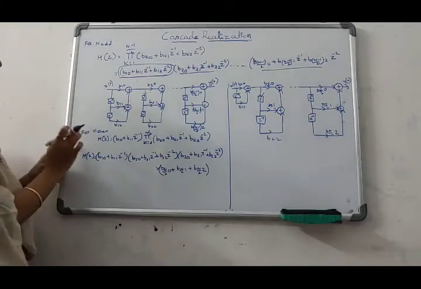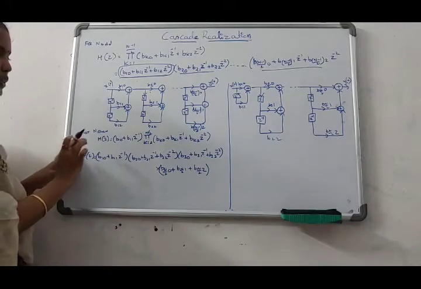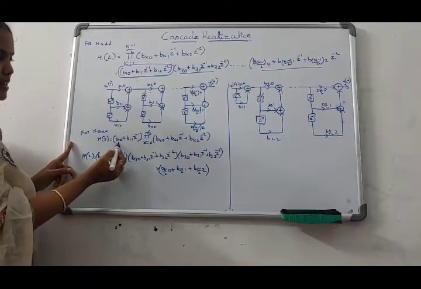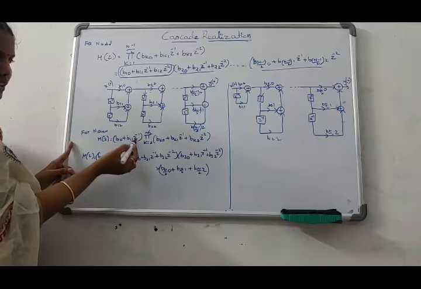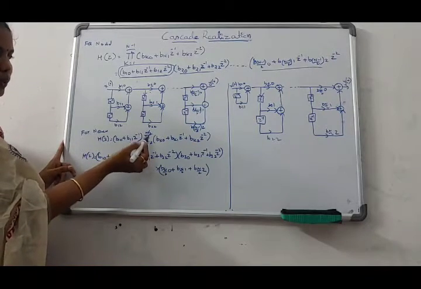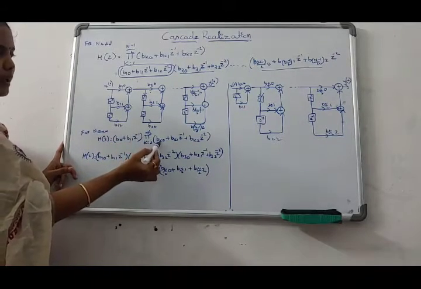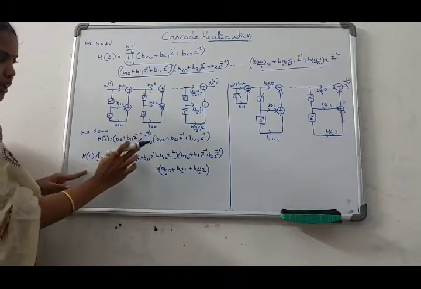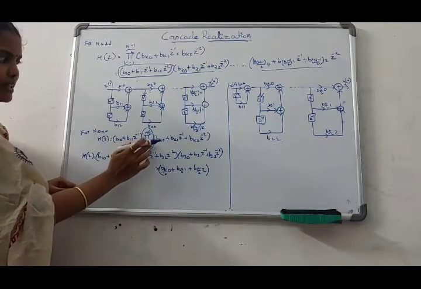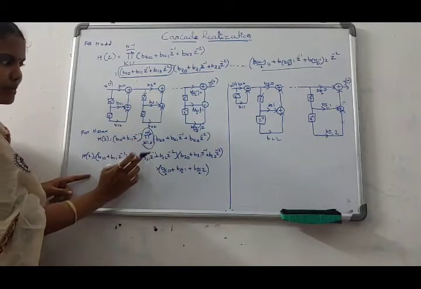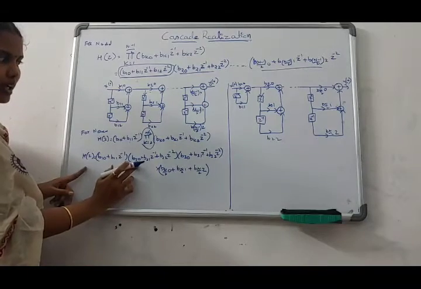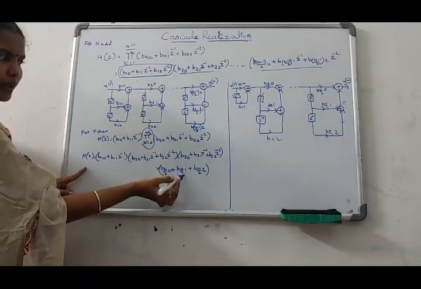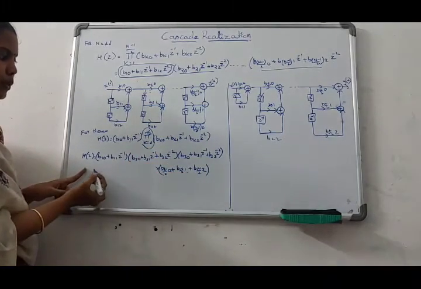Now if you take N even, then H of z is equal to b10 plus b11 z inverse, into the product for k equals 2 to N by 2 of b k0 plus b k1 z inverse plus b k2 z power minus 2. The limits you have to take are from k equals 2 to N by 2. First substitute k equals 2, and so on up to k equals N by 2: b N by 2, 0 plus b N by 2, 1 plus b N by 2, 2.